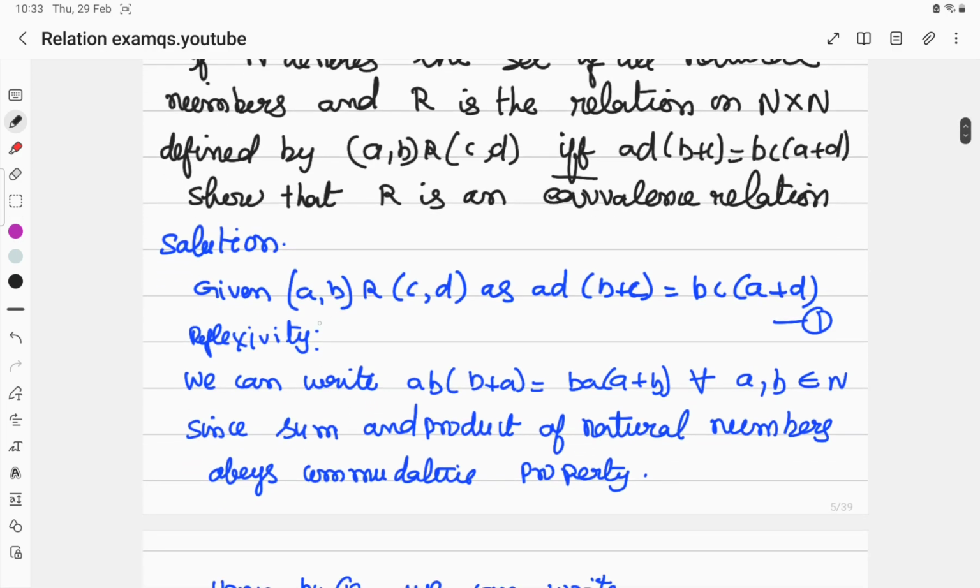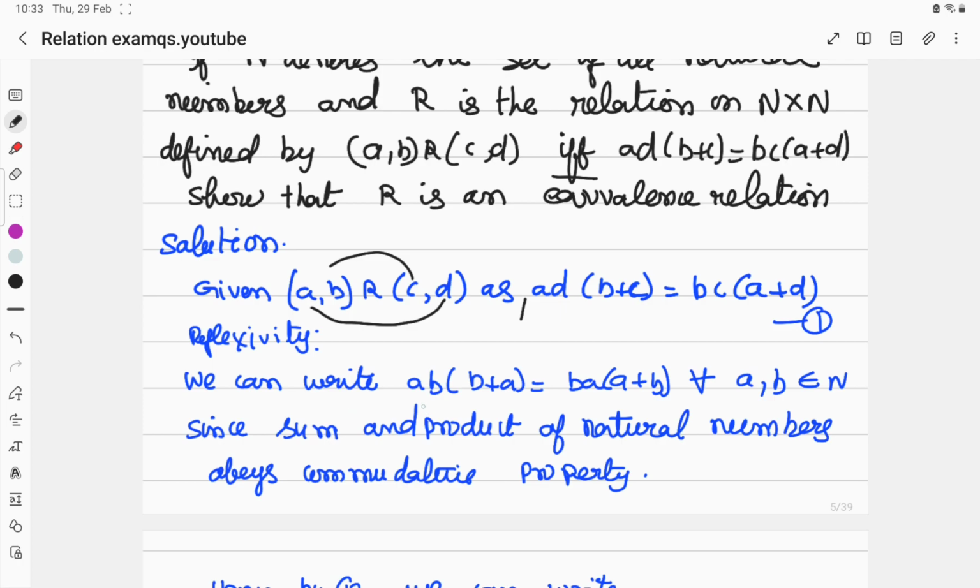So given (a, b) related to (c, d) as ad(b + c) = bc(a + d). So we have to check reflexivity.